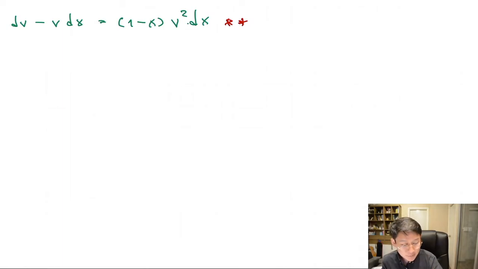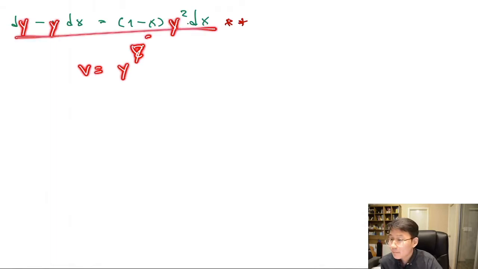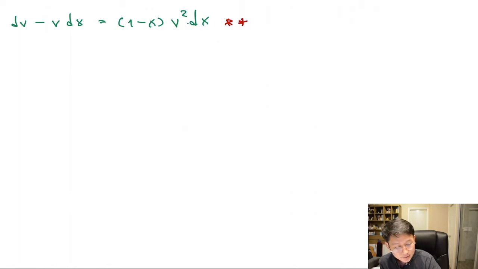In the previous method, these were y, and then we let v be y. We divided everything by y squared, so I'm going to do the same thing. I'll divide the whole thing by v squared. So I have v to the power minus 2 dv minus v to the power minus 1 dx equals (1 minus x) dx.